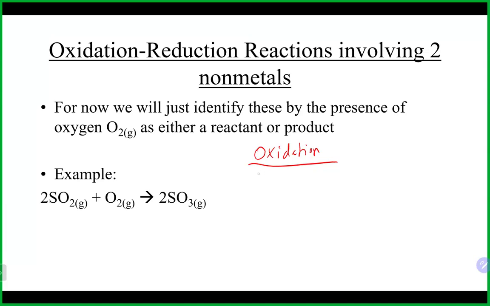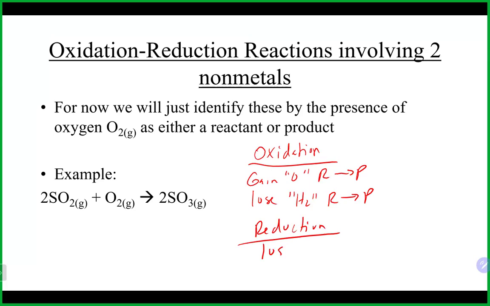So oxidation can also mean that you gain oxygen as you go from reactants to products, or lose hydrogen as you go from reactants to products. Reduction, the other 2 definitions are the opposite of that: when you lose oxygen as you go from reactants to products, or gain hydrogen as you go from reactants to products.